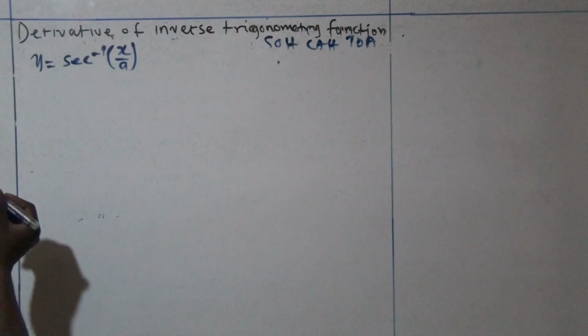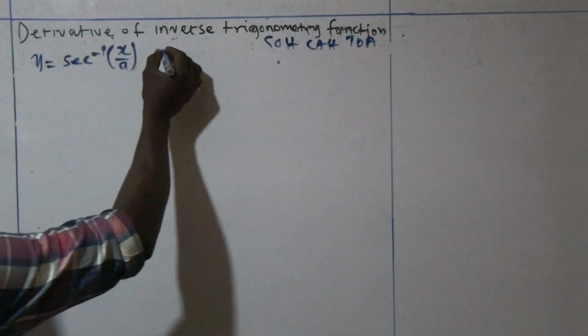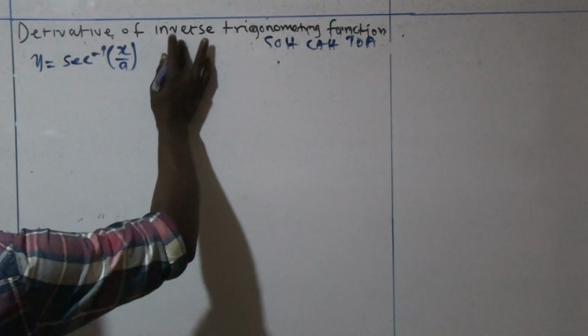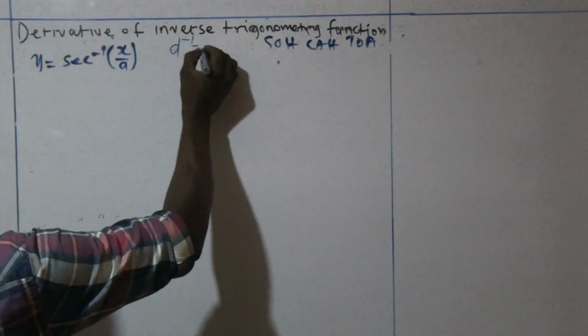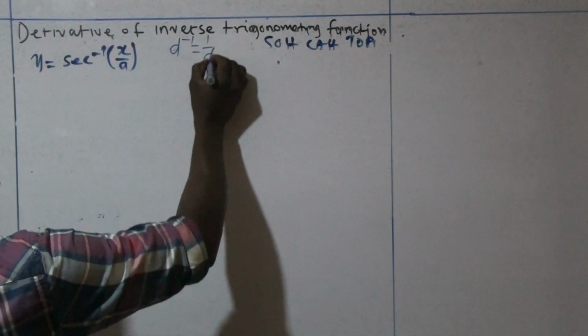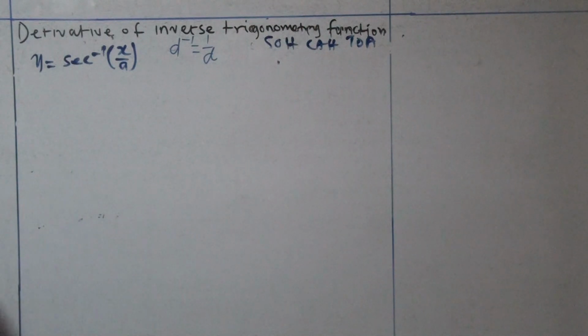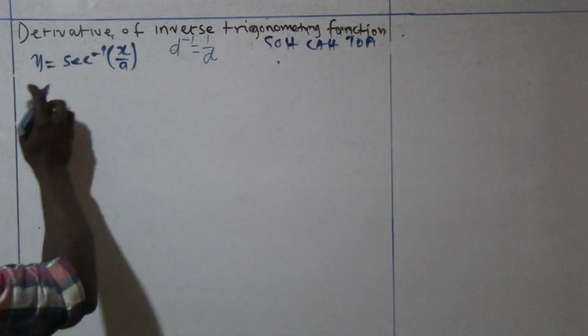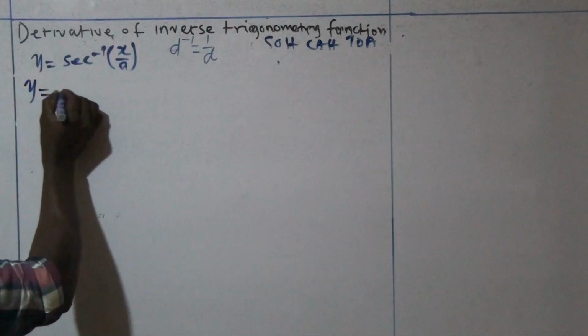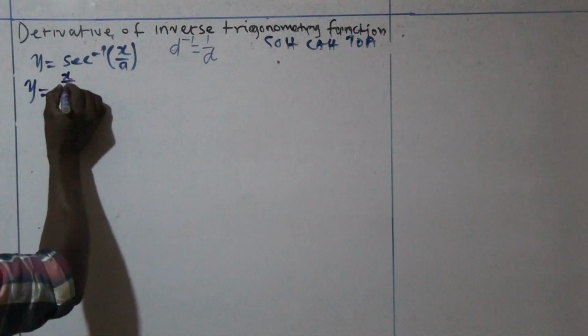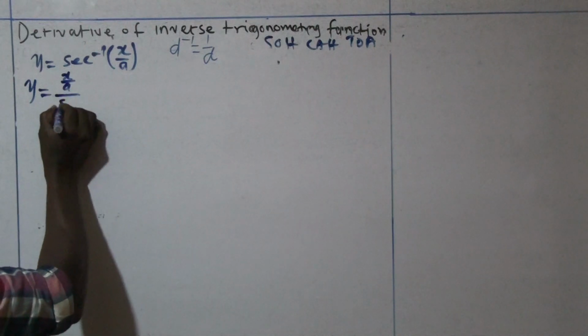Here, what we do first is, if we recall that d raised to the power minus 1 is the same thing as 1 over d. So we use this fact to express this. So we can say that y is equal to x over a divided by sec.